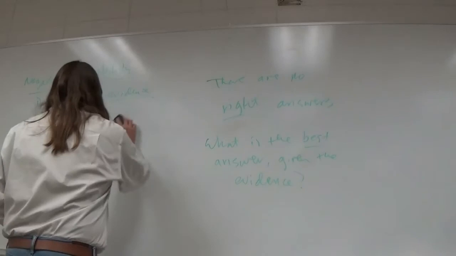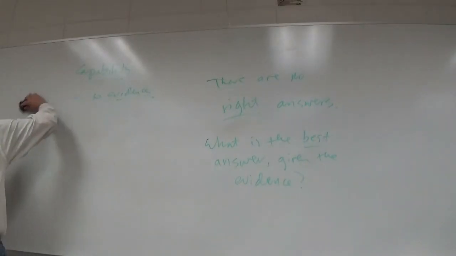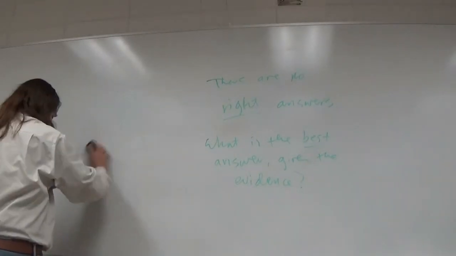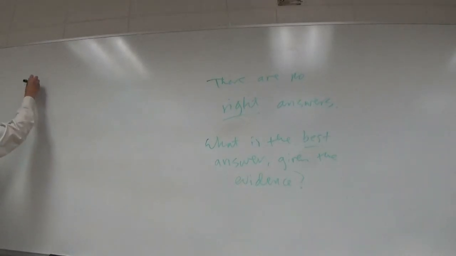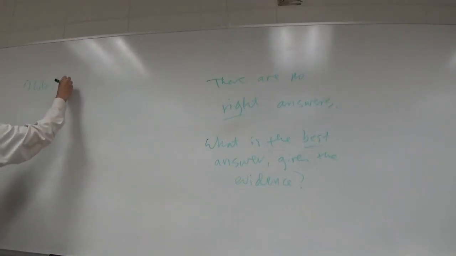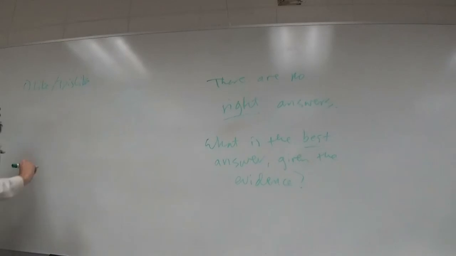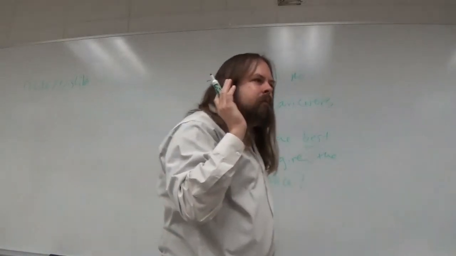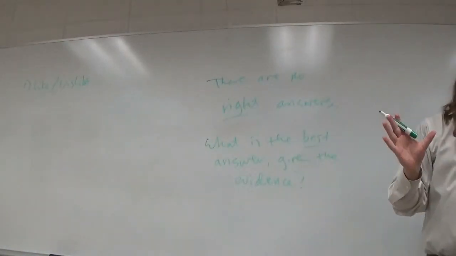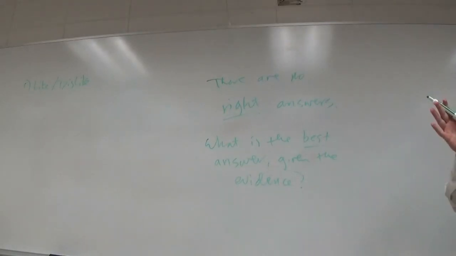So one thing that we want to try to get away from is that reflexive like-dislike answer, right? We are bombarded with all kinds of stimuli all the time, right?